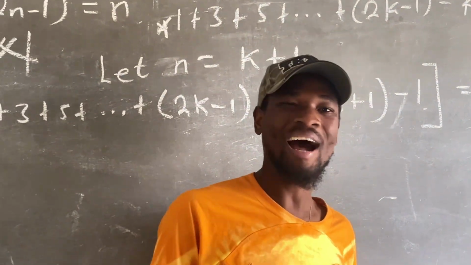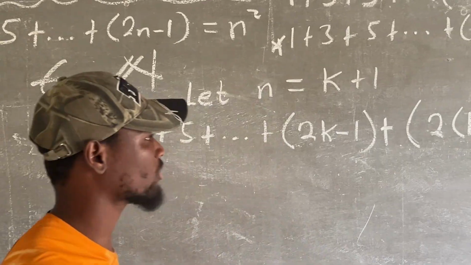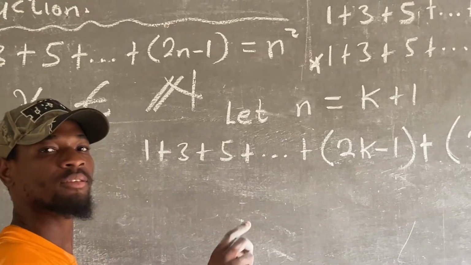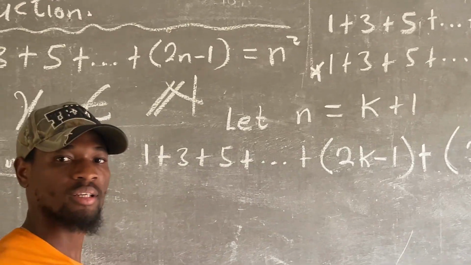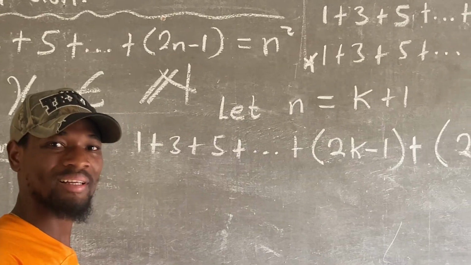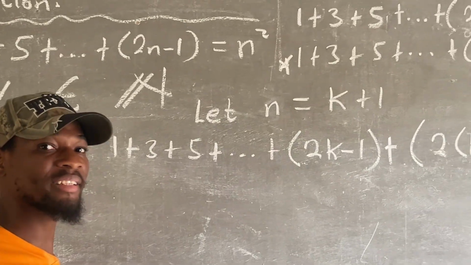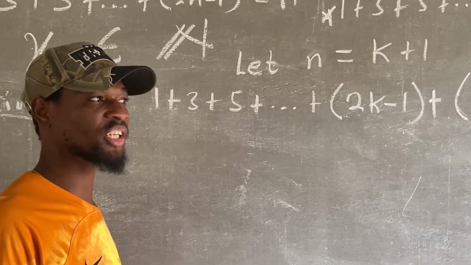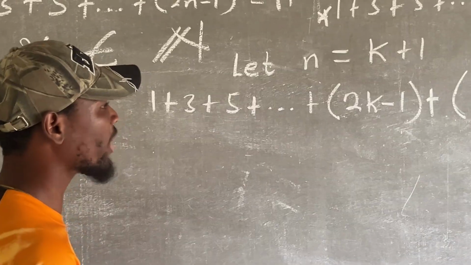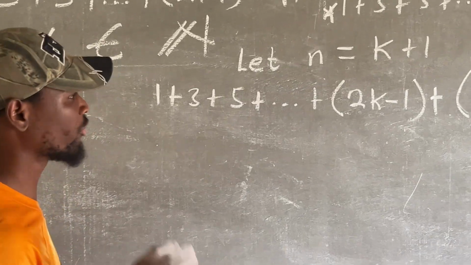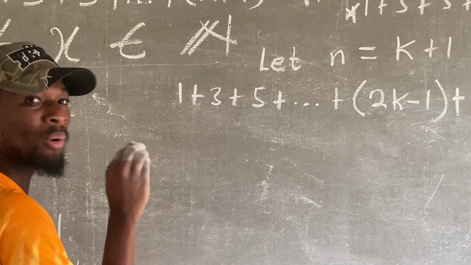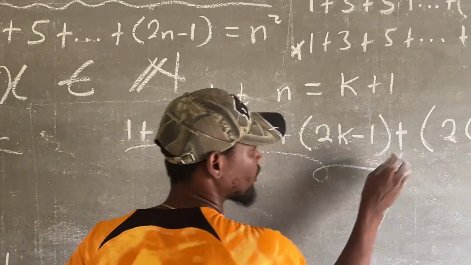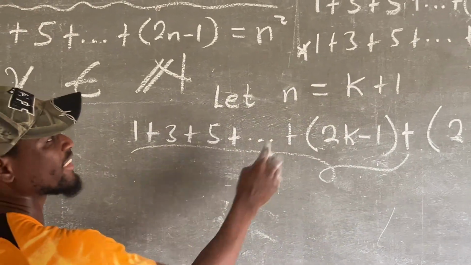As simple as that. So viewers, having done this, we are now going to show that indeed the left hand side equals the right hand side. If it is not equal, then the statement is not true. So viewers, what can we do from here? Let us pay attention. You realize that from here up to this side, it's just the same as this.